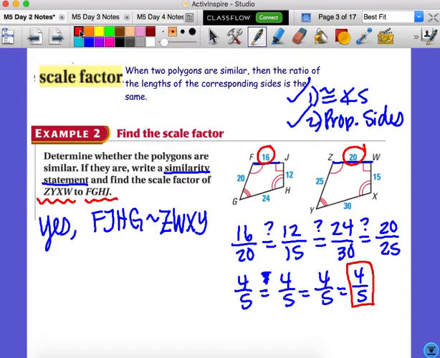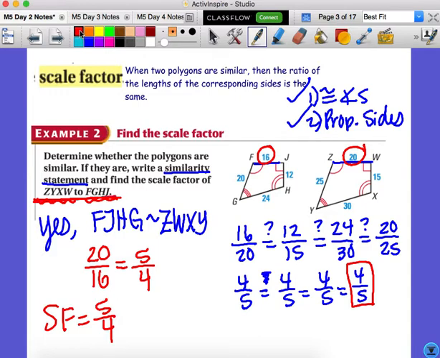So what's going to happen if we go from right to left is it's going to simplify to the reciprocal of what we found. So our scale factor from right to left is 5/4. And the reason we knew to flip that is because of this statement right here. From ZYXW to FGHJ. So from right to left instead of left to right.